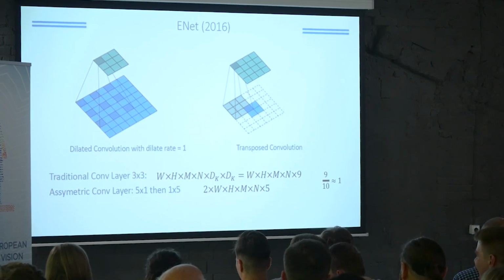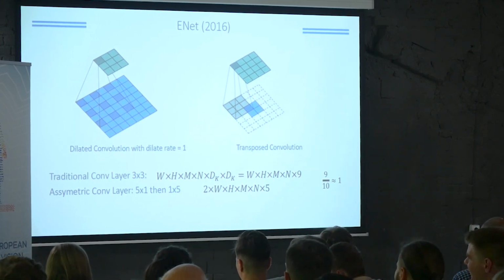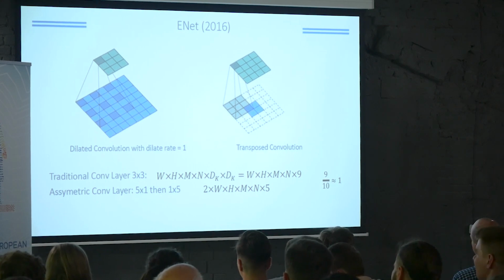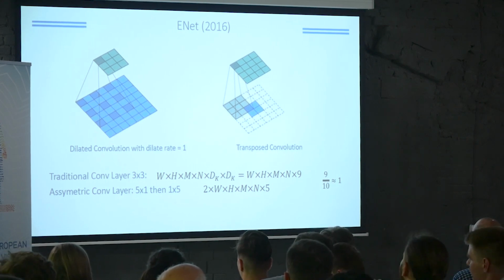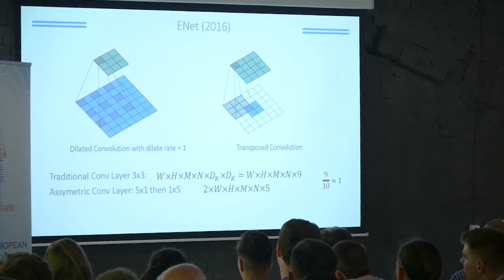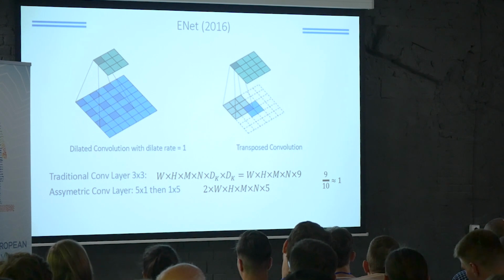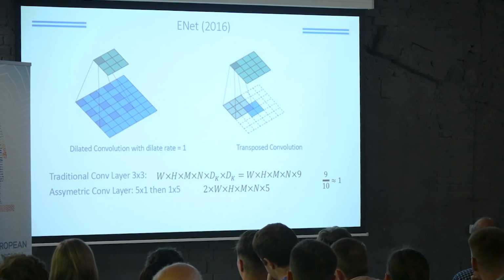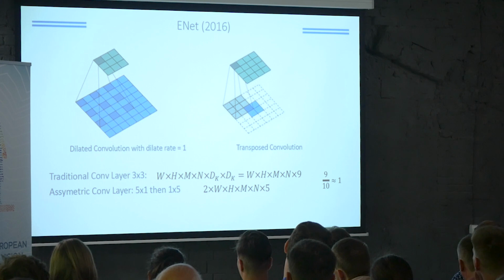And if we count the operations, we find that it has almost the same number of multiply-add operations as a 3x3, but it has a large receptive field. And when we develop an efficient neural network, you should always keep in mind that we need to grow the receptive field of the network very fast.